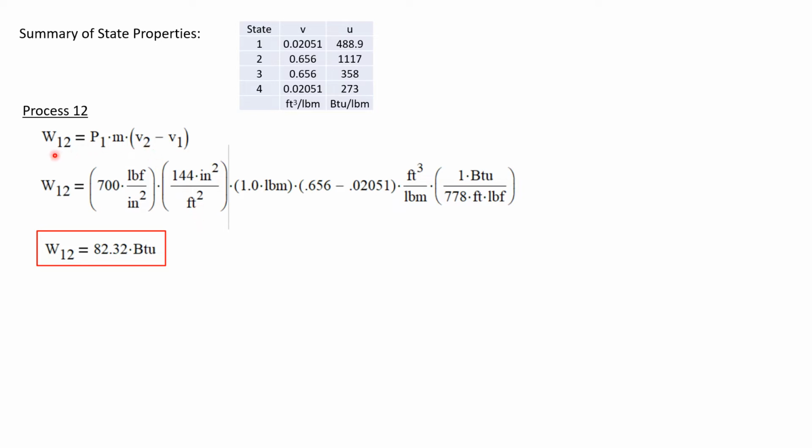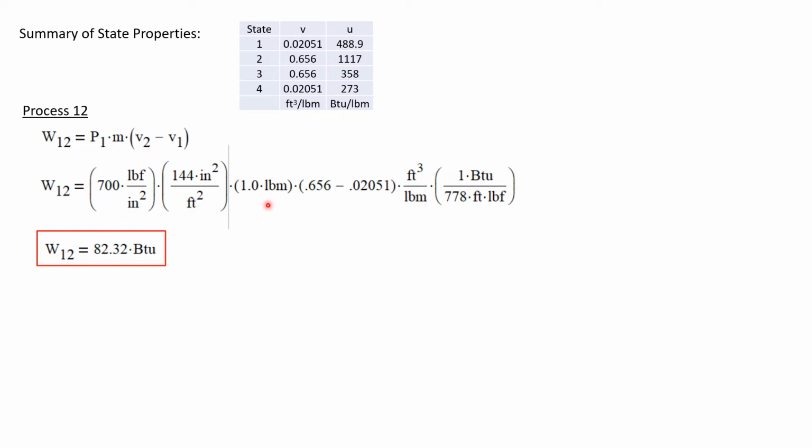For the process 1-2, it's a constant pressure process. So the work is simply given as the pressure times the change in volume. And the change in volume is the mass of the system times the change in specific volume. So we know the pressure is 700 pounds-force per square inch. I'm going to go ahead and convert that to square feet.